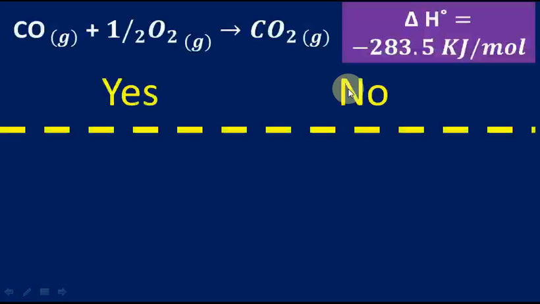Why? Because it is not from its elements, C and O. Here it is CO, not C. If it was C only and O only forming CO2 from its elements, C and O. But CO is not an element of CO2. It should be C and O2 only.